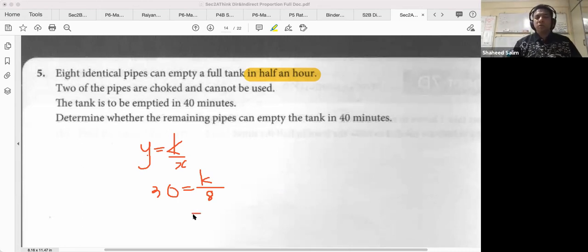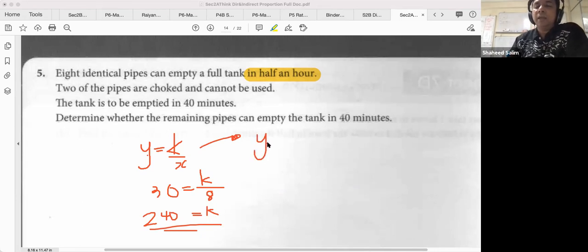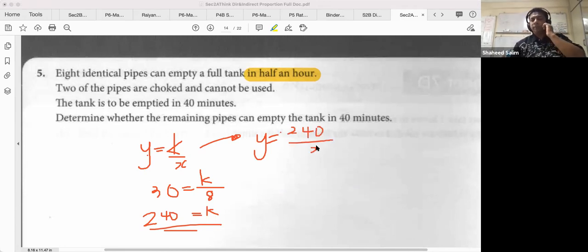Okay, so when we leave K here, we get rid of the 8, it is 240. How do we do it? You times by 8. So K is 240. So your new formula would be Y equals 240 over X. Now they say that 2 of the pipes are choked, so there's only 6 pipes left.